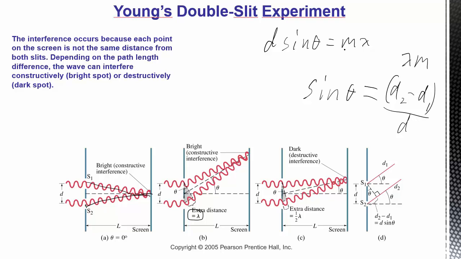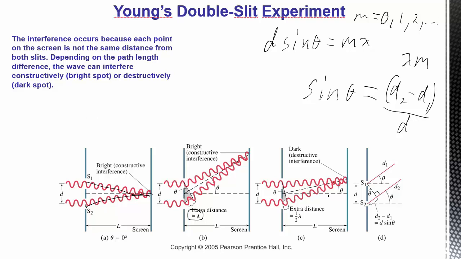Okay, so this is how we can calculate the relationship between where the bright spot is going to be located, or what angle you have to get to the bright spot, given the separation of the slits and given the wavelength of light. So m starts at 0 because you want a bright spot right in the middle, and so that'll give you an angle of 0, and then you've got m equals 1, 2, and so forth.